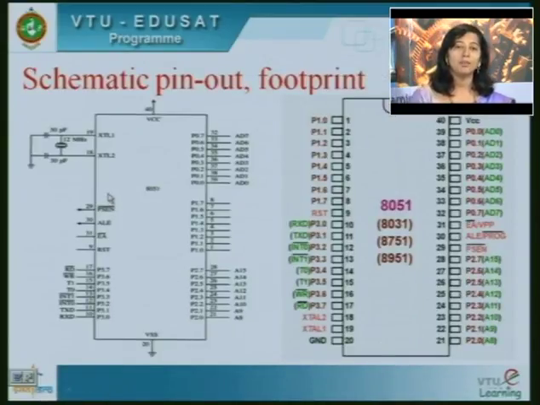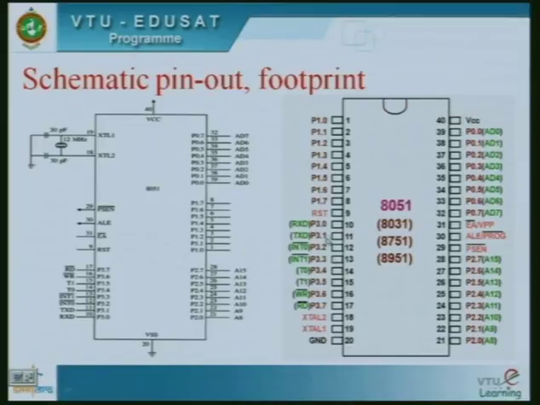And coming to the pinout diagram, this is the complete footprint or the pinout diagram. It's a 40-pin IC, the 8051. You can see the compatible families, the other numbers mentioned here. This is called the schematic pinout, where port 0, port 1, port 2 and port 3, all the 8 bits are grouped together. So these are the 4 IO ports, the 8-bit IO ports. So already 32 pins are connected here.